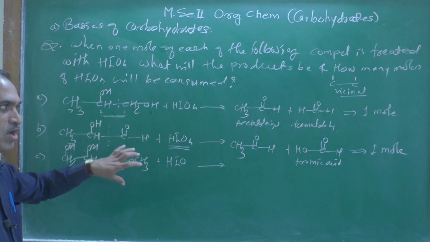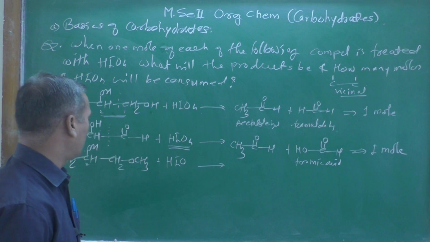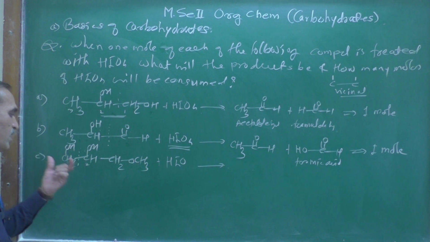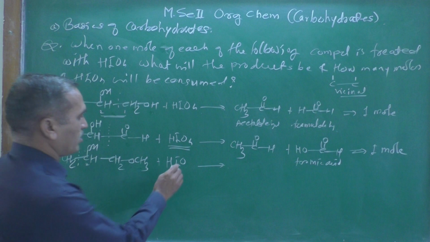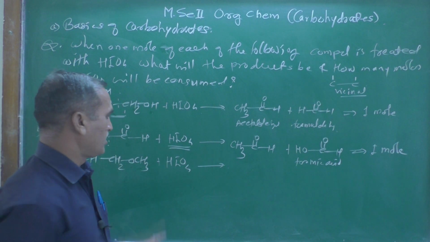The methoxy group is not included in this case, so the final product will consume only 1 periodic acid, that is HIO4. This is an oxidizing reagent.